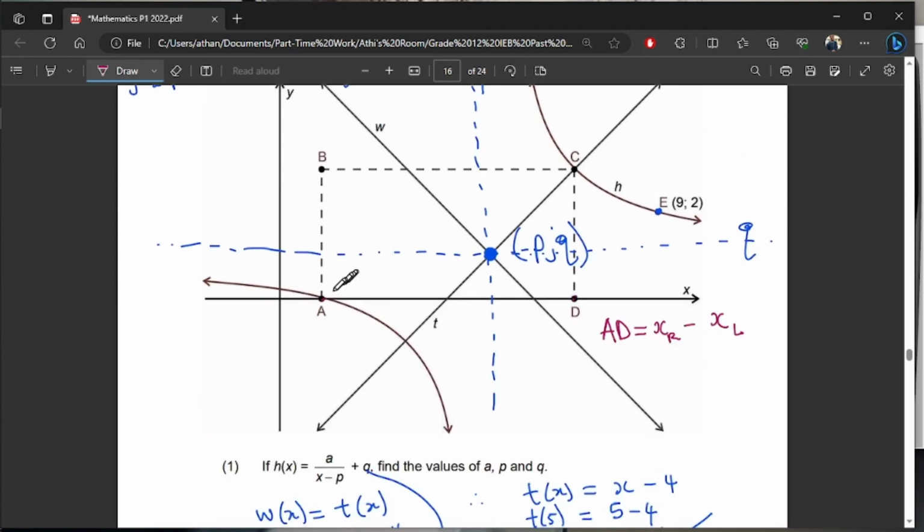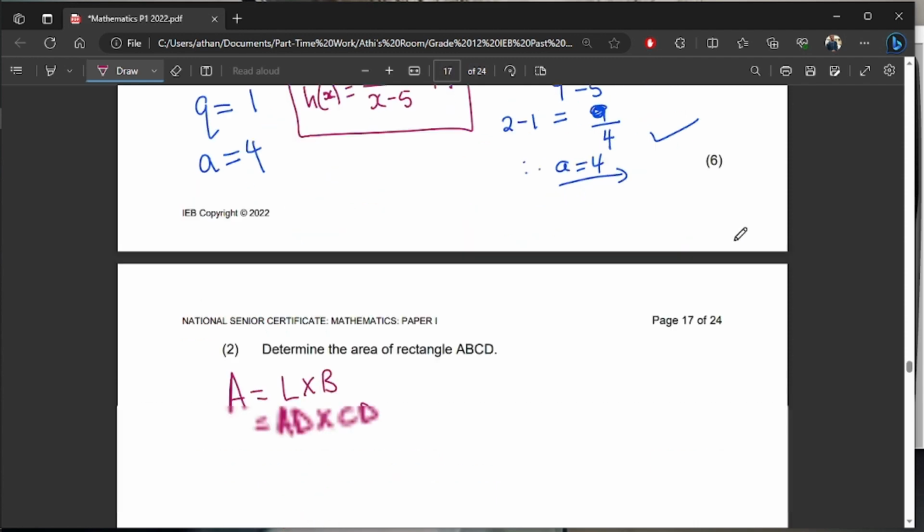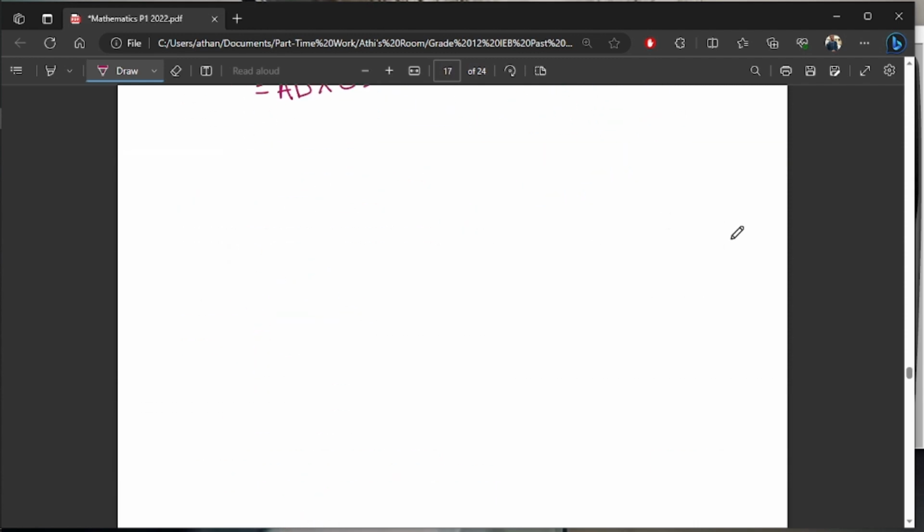Now to find A, guys, A is that point there, and as you can see, our graph is cutting A at the x-intercept. So we need to find the x-intercept at A, and our formula is 4 over x minus 5, plus 1. At A we make y equal to 0, don't forget that. So 0 is equal to 4 over x minus 5, plus 1.